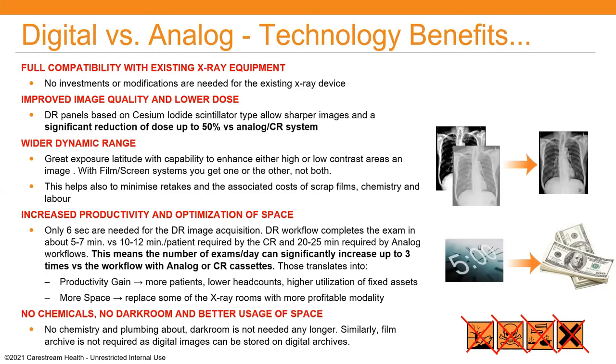So everything works fine without involving any connectivity with the X-ray table. Of course, you just need to train your technologists to adopt the new device, and then you can start the same day producing more images.